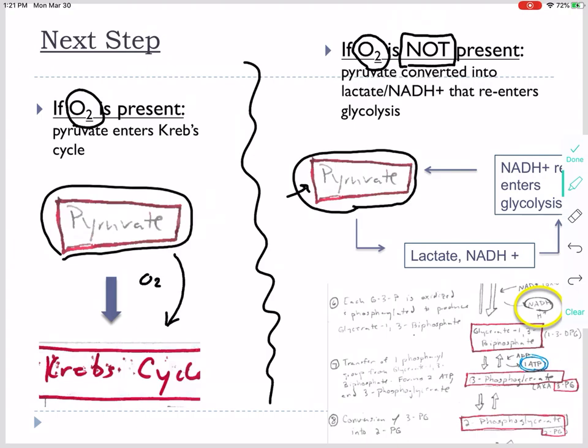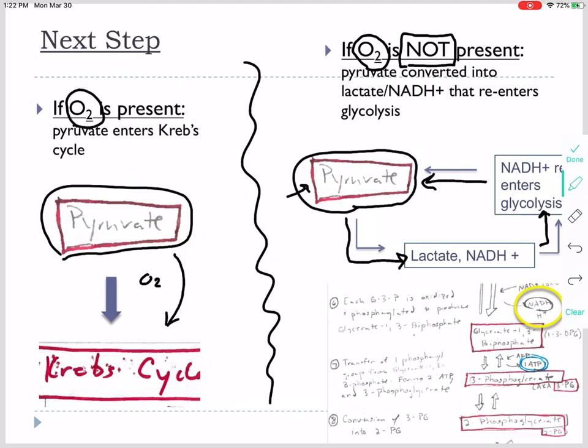But as a next level, for those who are interested, when we finish glycolysis and we're left with pyruvic acid, what if we don't have oxygen? If we don't have oxygen, we're going to take that pyruvate, convert it into lactate and NAD+, and then that NAD+ is going to re-enter glycolysis, which allows us to convert more pyruvate.